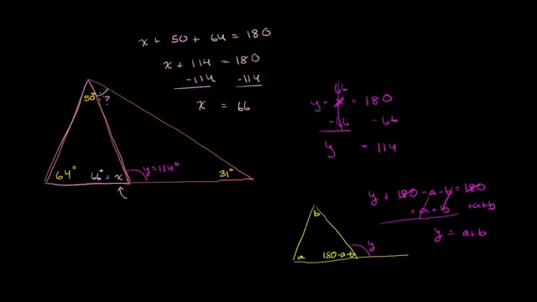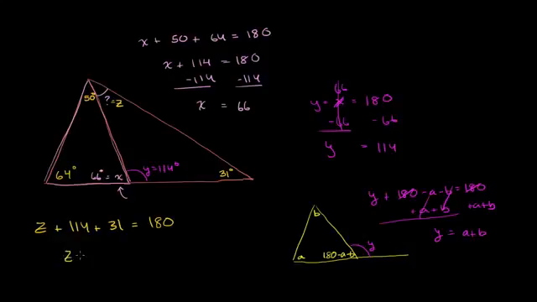Now we just have to figure out this third angle in this triangle. If we call this question mark z, we know that z plus 114 plus 31 is equal to 180 degrees. The sums of the measures of the angles inside of a triangle add up to 180 degrees. That's the only property we're using in this step.